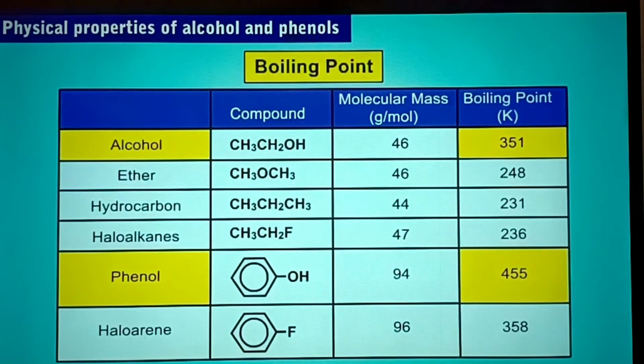Alcohols and phenols have boiling points higher than other classes of organic molecules such as hydrocarbons, ethers, haloalkanes and haloarenes with similar molecular masses. For example, the boiling point of ethanol is considerably higher than that of methoxymethane or propane, although all 3 substances have very similar molecular masses.